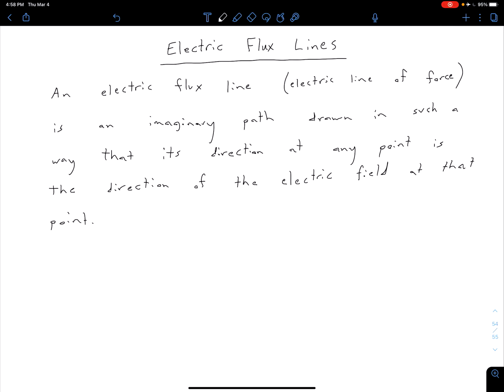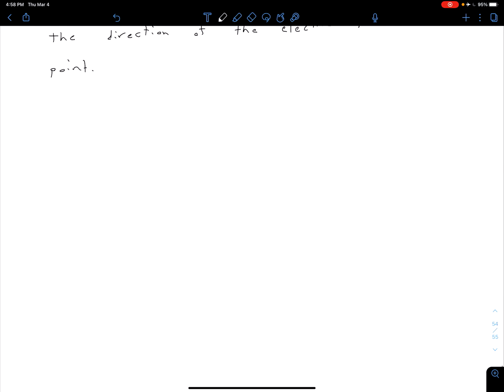To get a better idea of this, we can think of our simplest case of a point charge. If we have a point charge located at some point in space, it's going to have electric flux lines pointing out in all directions radially. Remember, for our point charge, the only dependence is in the r direction, our radial distance from the point charge.